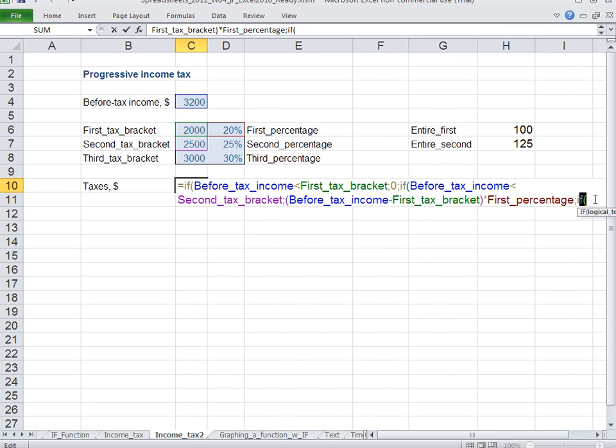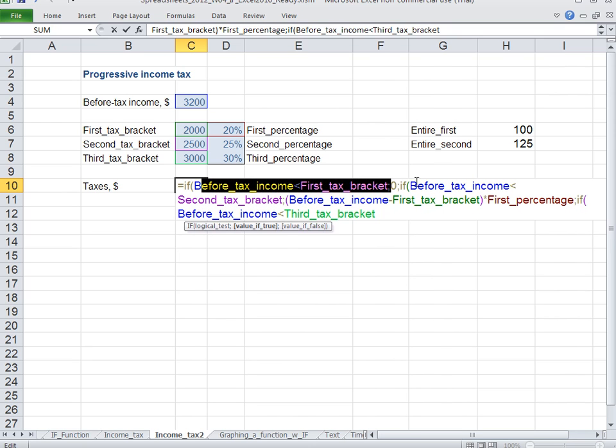Okay, let's start comparing. Now what we have to know is whether our income is under 3,000. So we write if before tax income is less than 3,000. So again, when we're in the third if, we already know that the income is not under 2,000.